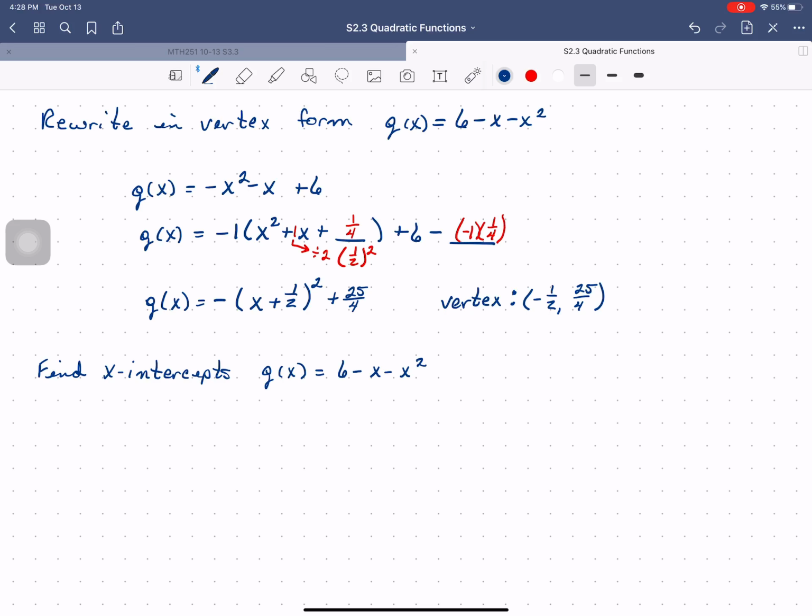Now what we're really doing is solving the equation 0 equals negative x squared minus x plus 6. Or we could rewrite that as 0 equals negative (x plus 1/2) squared plus 25 over 4.